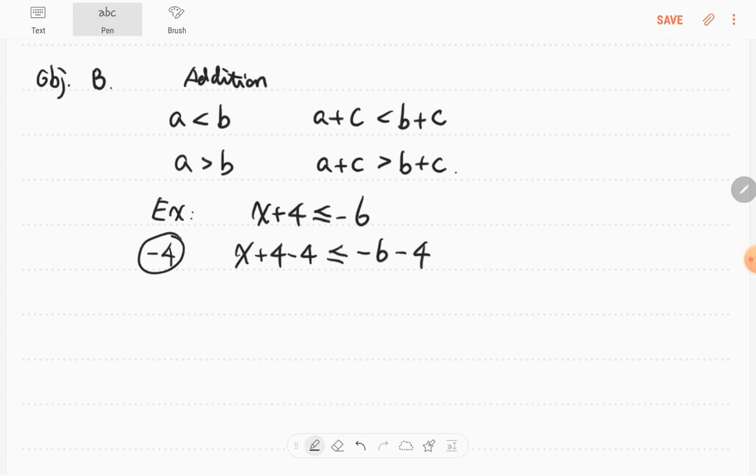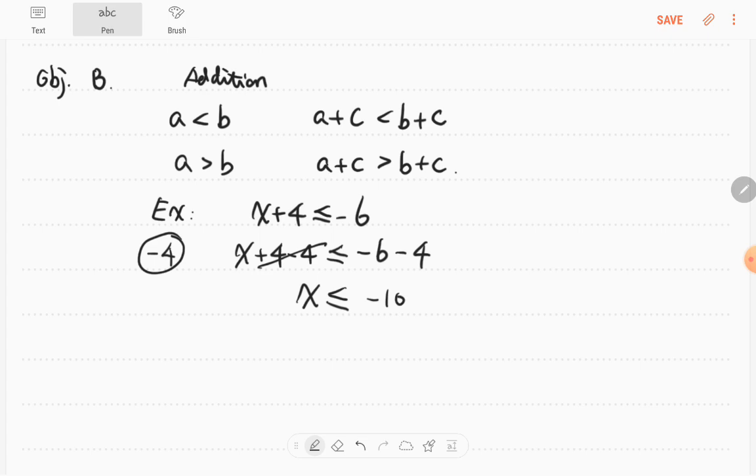So it's just the same. The addition rule is also valid for subtraction. So here we will get x is less than or equal to -10.